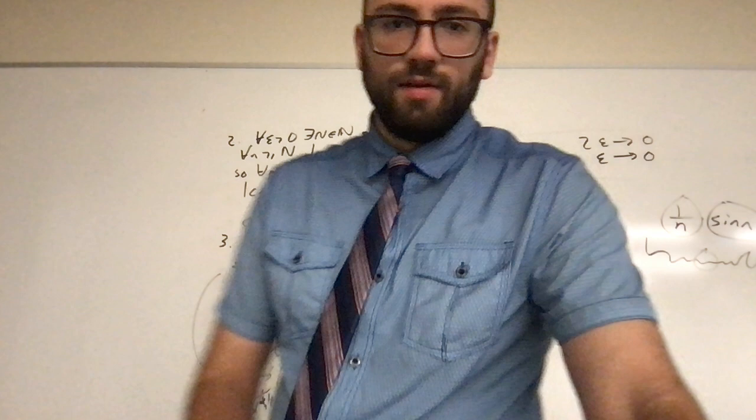I just did triangle inequality. So I started with where I wanted to end up, xn plus yn minus a plus b. Separate that using triangle inequality. And then since n is greater than or equal to the max of the two, this has to be less than epsilon over 2, and this has to be less than epsilon over 2. So added together, they have to be less than epsilon. So it converges.